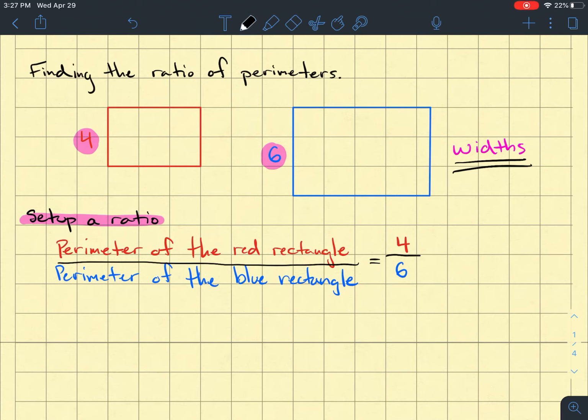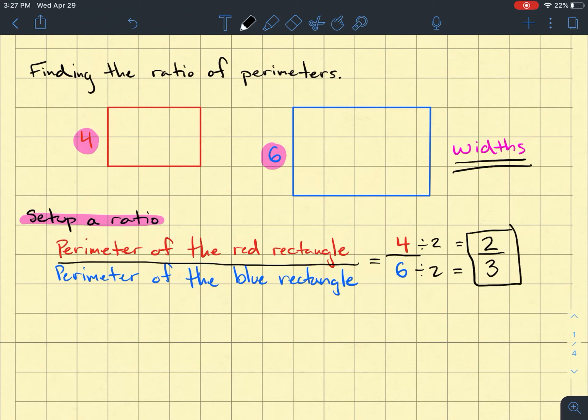I can imagine if I was in the 8th grade, I would also want to keep my numbers as small as possible. So how can I reduce this fraction down? What do they have in common? They have a 2 in common, right? So I'm going to divide both of these by 2, and my ratio of their perimeters should be 4 divided by 2 is 2, 6 divided by 2 is 3, and this should be the ratio of the perimeters of the red and blue rectangles.